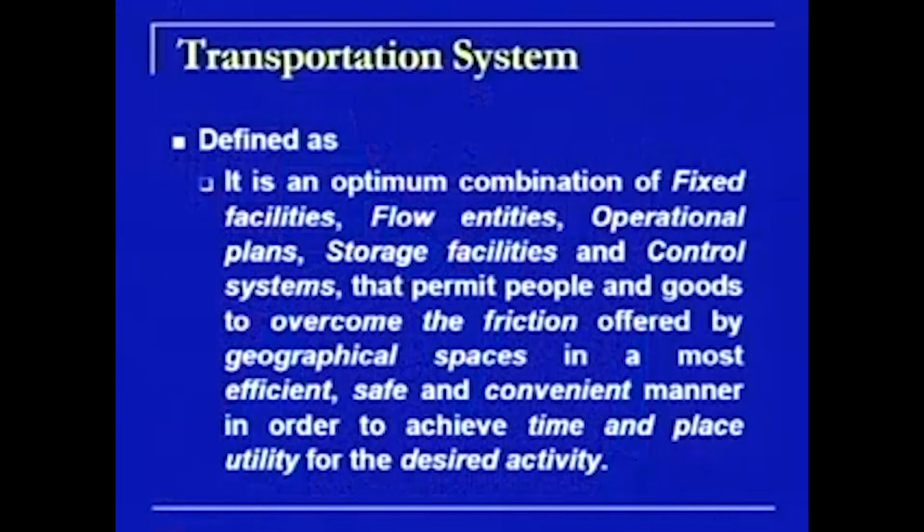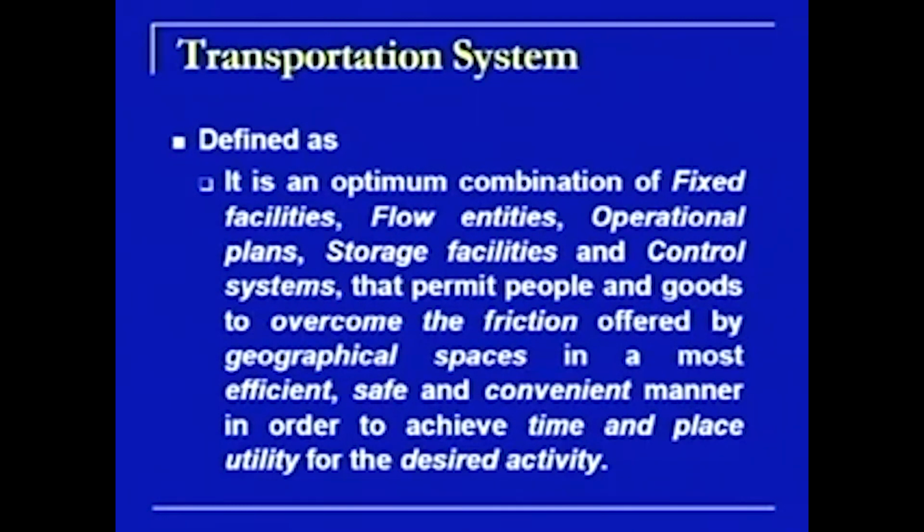In general, the transportation system can be defined as an optimum combination of fixed facilities, flow entities, operational plans, storage facilities and control systems that permit people and goods to overcome the friction offered by geographical spaces in a most efficient, safe and convenient manner in order to achieve time and place utility for the desired activity.